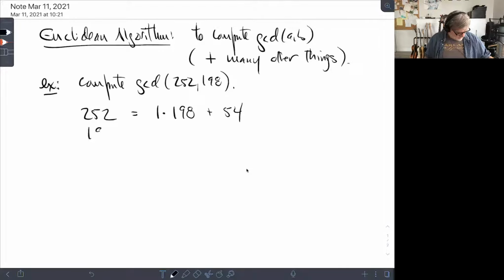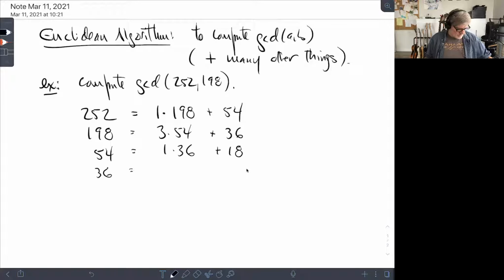So 198 is equal to 3 times 54 plus 36. Here I'm cheating, I've already computed it, obviously. Then I repeat: 54 is 1 times 36 plus 18. And I repeat: 36 is equal to 2 times 18 plus 0.